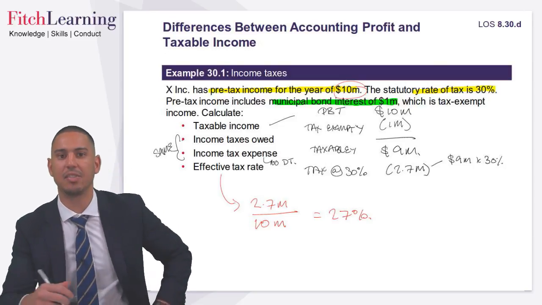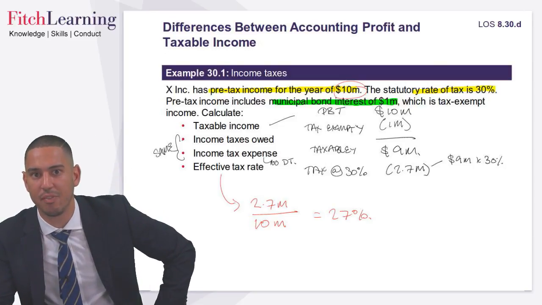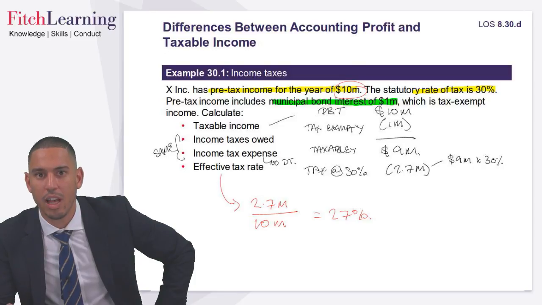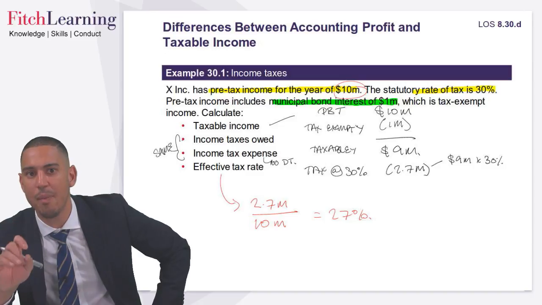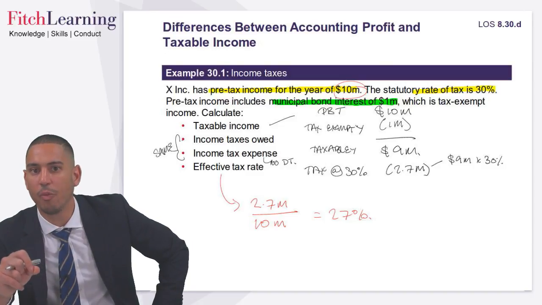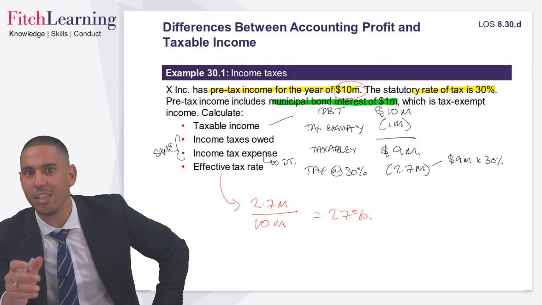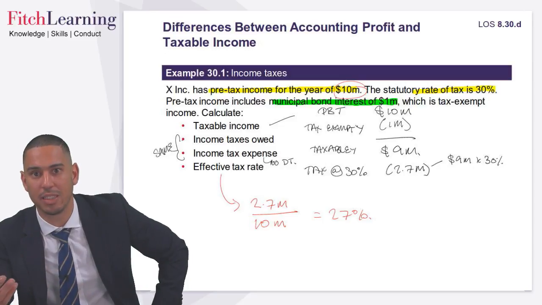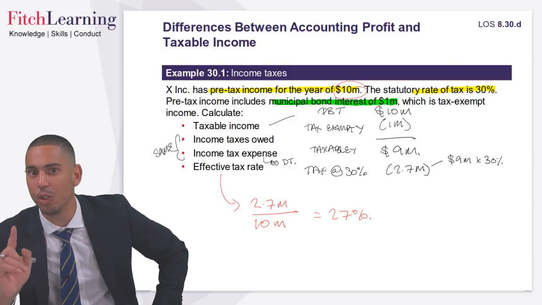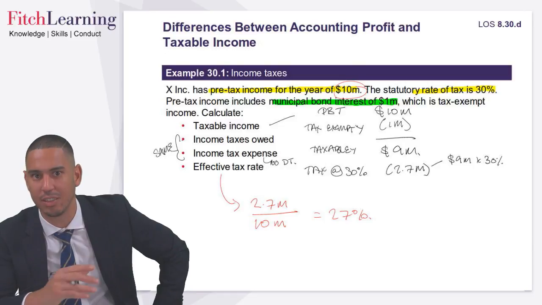So my effective tax rate ends up at 27%. Hopefully that makes sense conceptually, because you've got 10 million of income, of which 9 million you're going to be charged 30% on, and 1 million you're going to be charged 0% on.